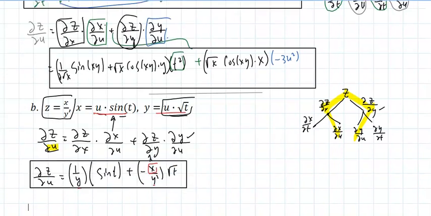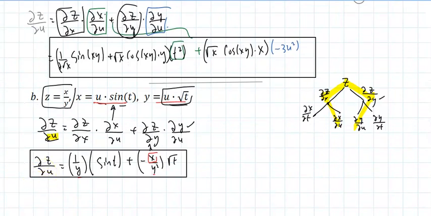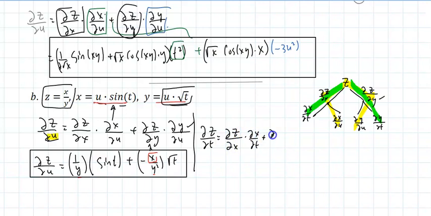And if I take the partial of Z with respect to T, well, then you're taking this route. That's going to be the partial of Z. Well, Z depends on X, and X depends on T, plus Z depends on Y, and Y depends on T. So the partial of this with respect to X is 1 over Y. That doesn't change.